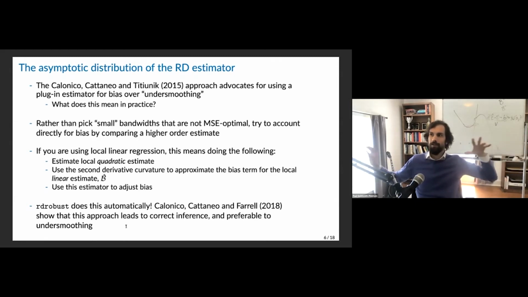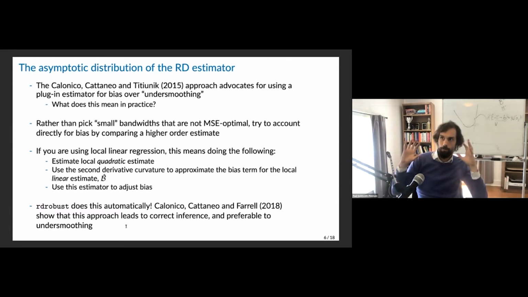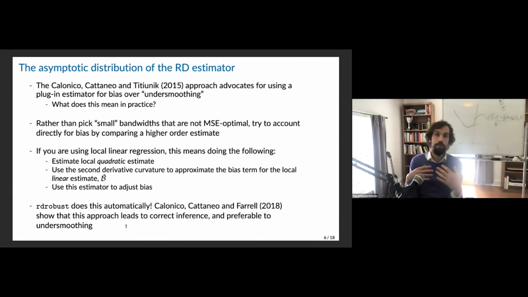Cattaneo is on all of them, as is Titiunik, and they have written a lot on this topic. They wrote these papers that I'm going to talk about, and they've provided a huge amount of statistical software for Stata and R that let you do these things. So it's the default approach for almost everyone.